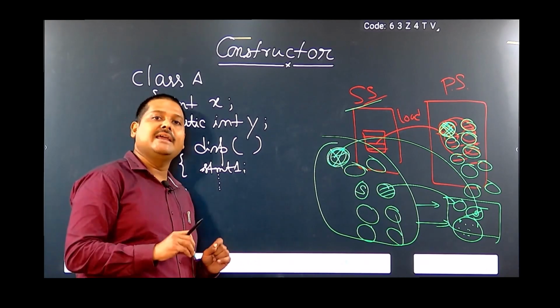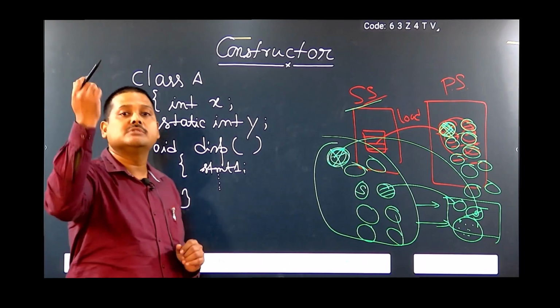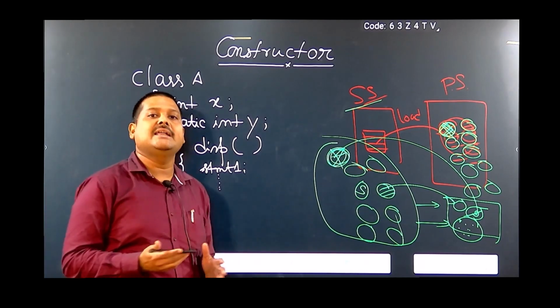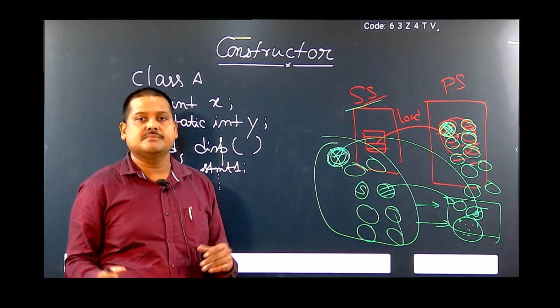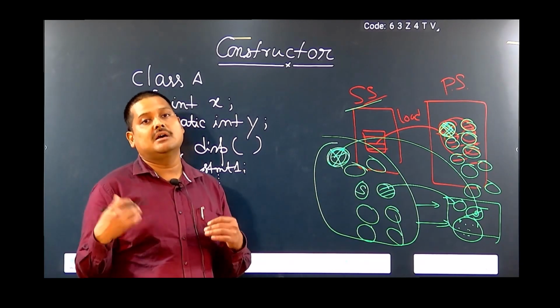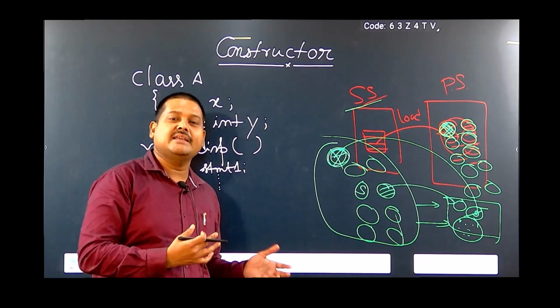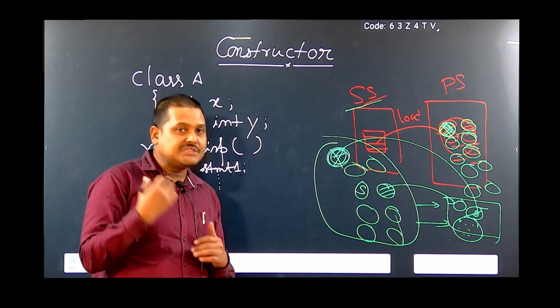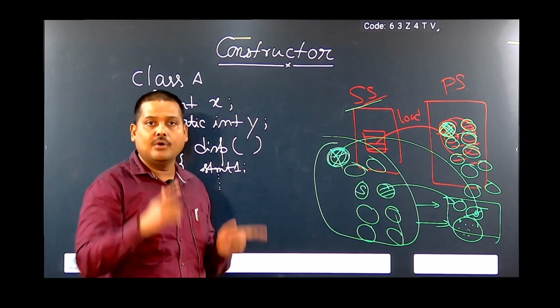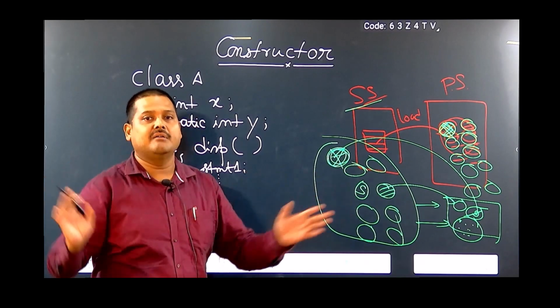On the initial day the teacher may not order 1000 chairs, because initially he may go with 5 chairs, as there may be 5 students who come, and as per the requirement he will order more chairs. So, on the first day the teacher will start teaching with minimum resources: one board, one chalk, one chair, one table, 5 benches.